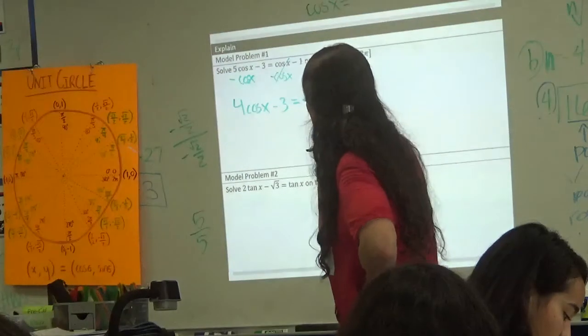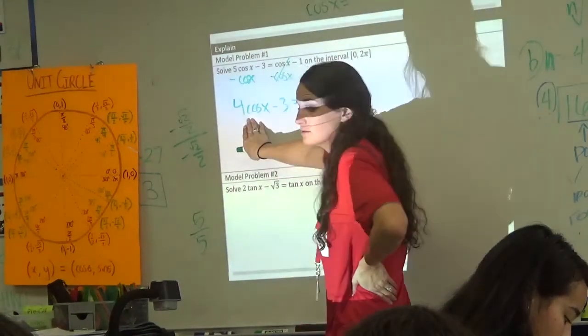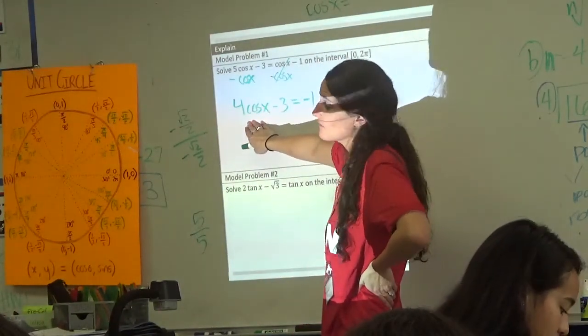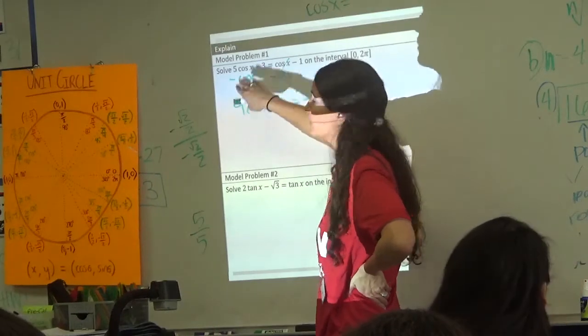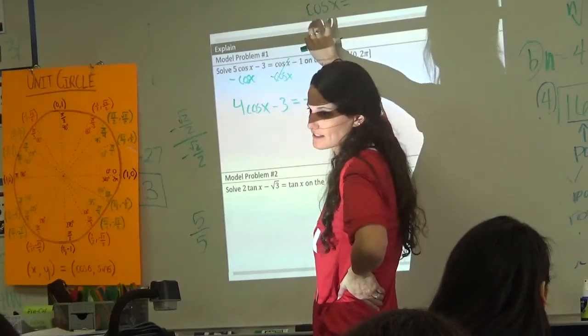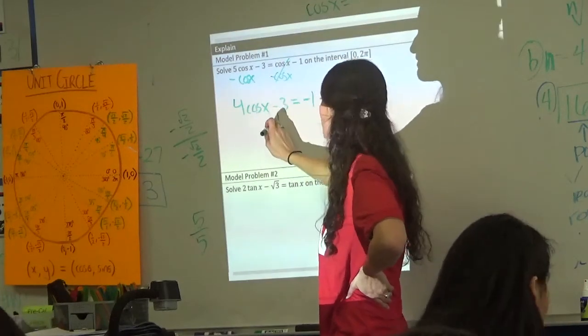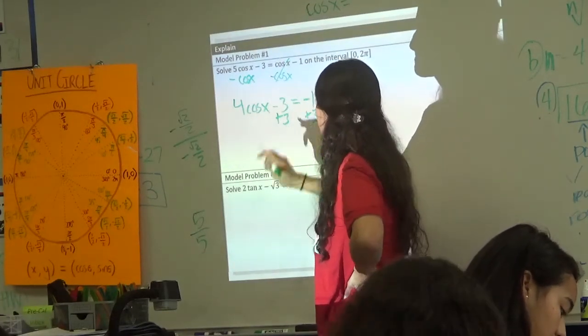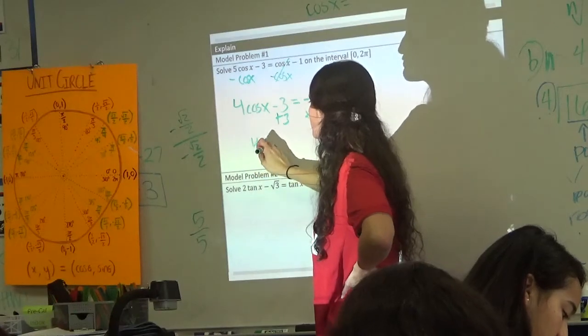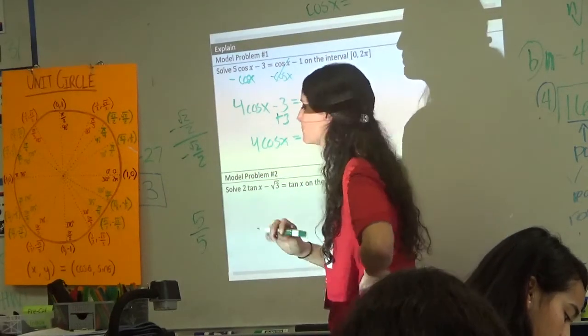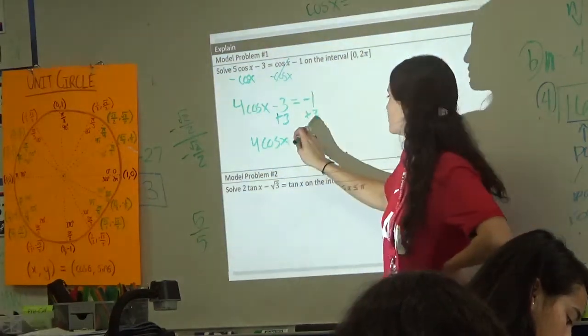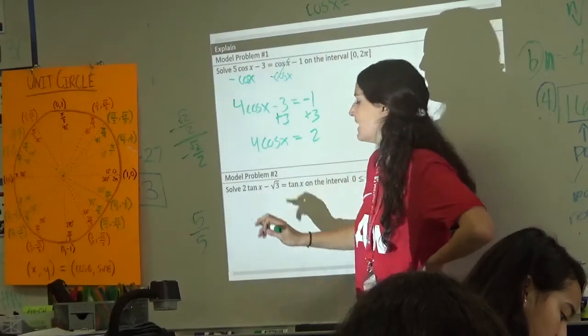We're getting closer because I now just have one cosine, I don't have 2 of them. Now that I have it over here, I want to isolate cosine, I want to get it by itself. So I'm going to start moving all my numbers over to the other side. So I'm going to add 3. And I have 4 cosine x equals negative 1 plus 3 would be positive 2. Lovely.